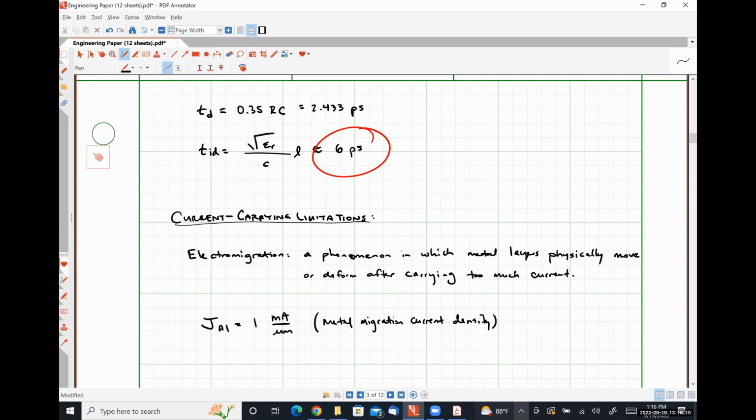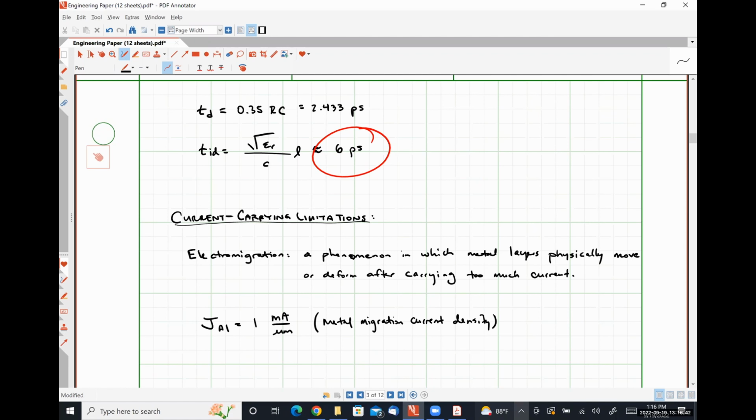So effectively, if we have a 1 micron wide wire, any current above 1 milliamp, we should expect our wire to experience mechanical deformation. So if we need to pass large currents through our device, we have to make our wires wider, which is what we were literally just talking about a moment ago.